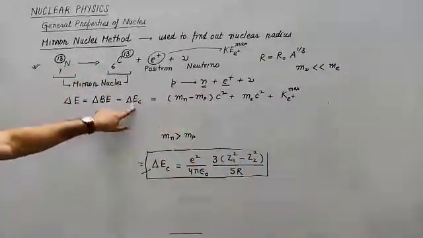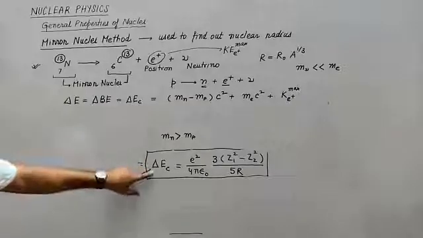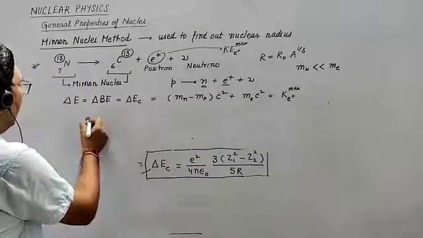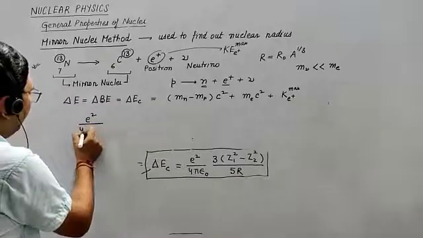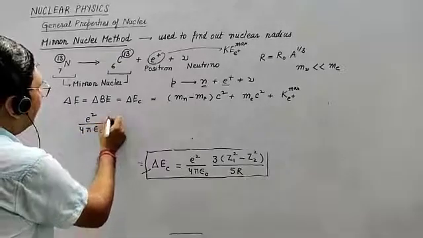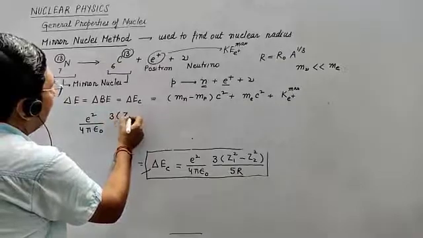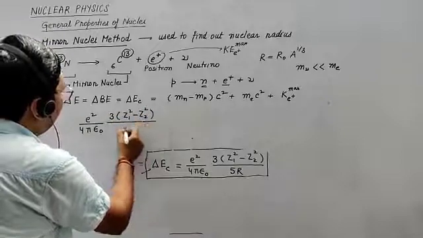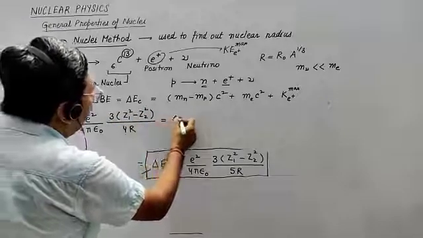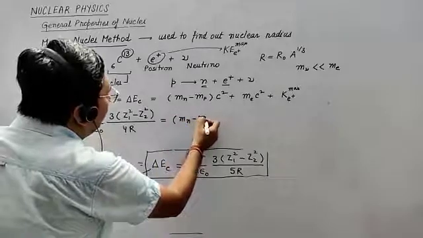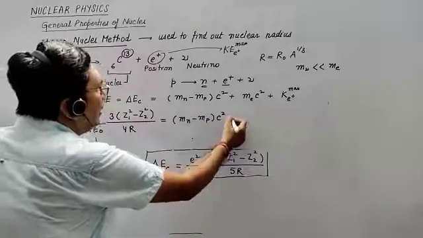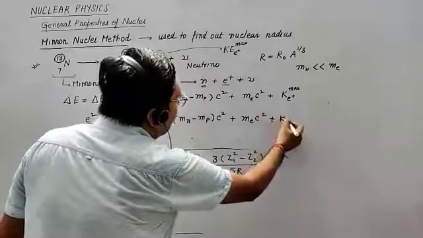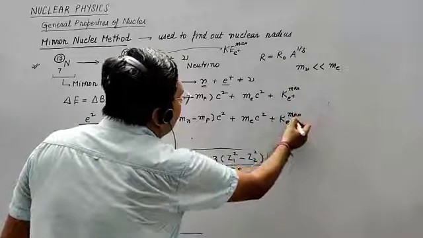Now replace this delta EC by this expression. So this will become e square upon 4 pi epsilon naught times 3 times Z1 square minus Z2 square upon 4R, equal to (Mn minus Mp) into C square plus M_e C square plus the maximum kinetic energy of the positron.